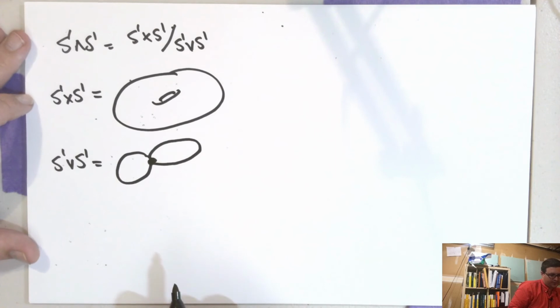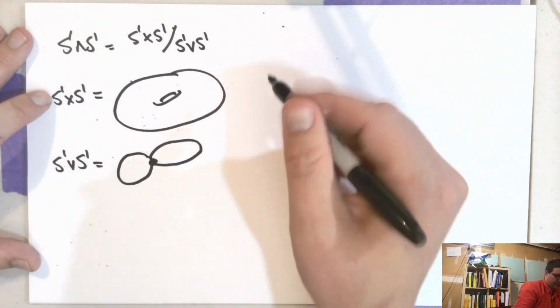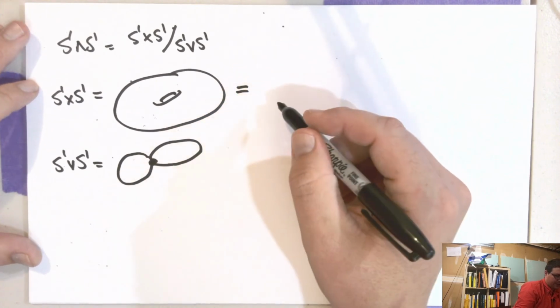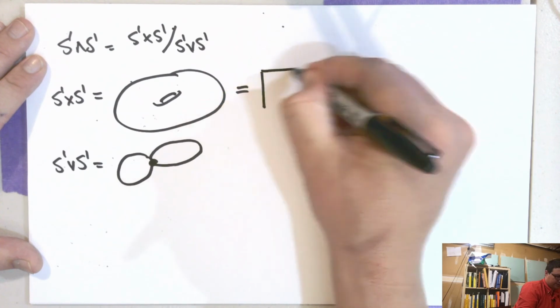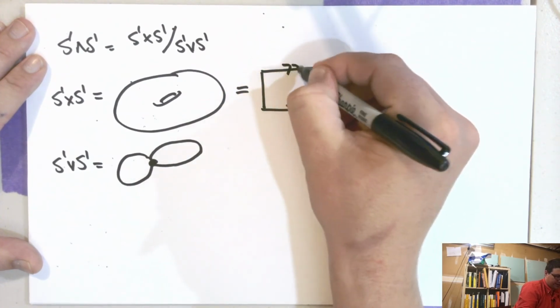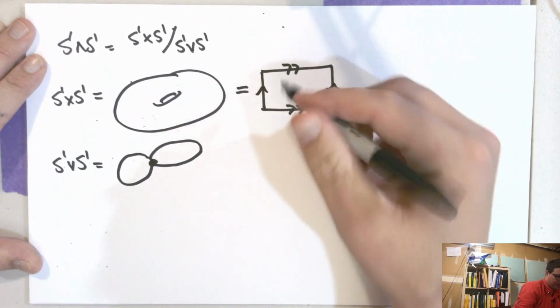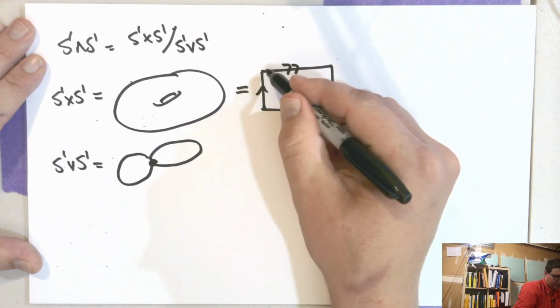So it's one-dimensional. And another way of viewing this is that you could take a square and then you could identify sides like this. Okay, so this side is quotiented with this side, and this side is quotiented with this side.